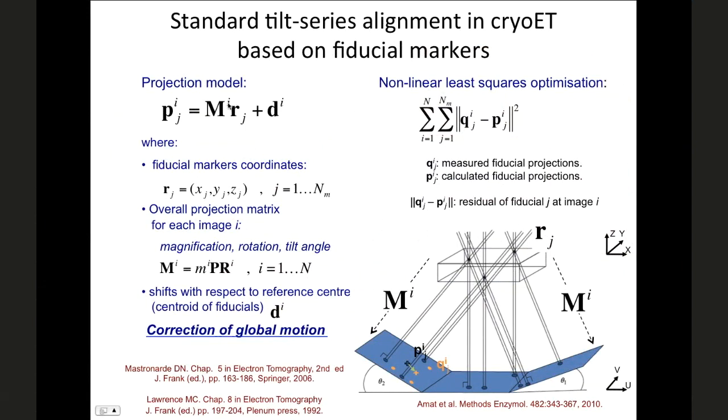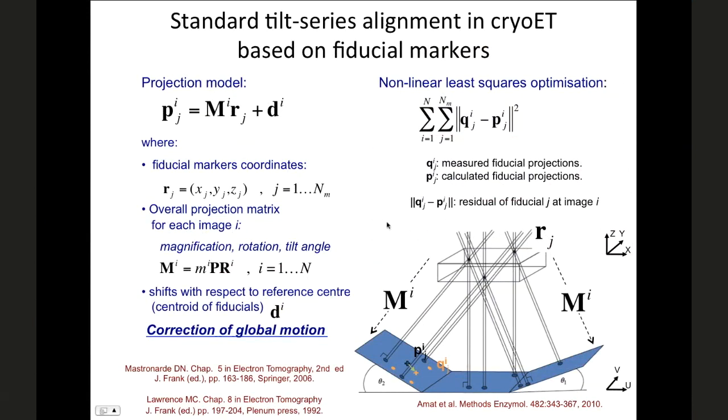The fiducials are projected according to an overall projection matrix M for each image, which encodes the basic image parameters: magnification, rotation, and tilt angle. And it is shifted with respect to a reference center, and this gives us the expected position according to the model.